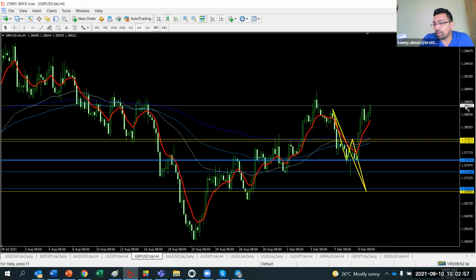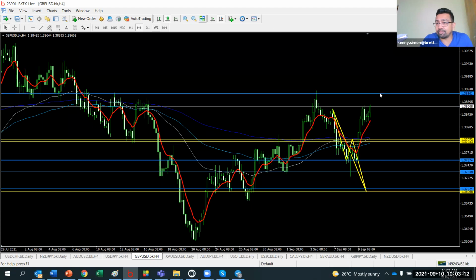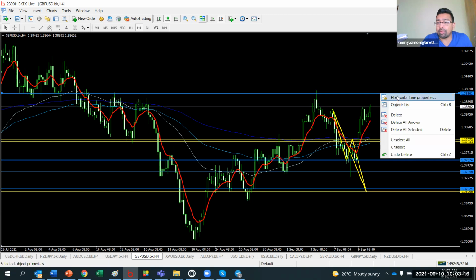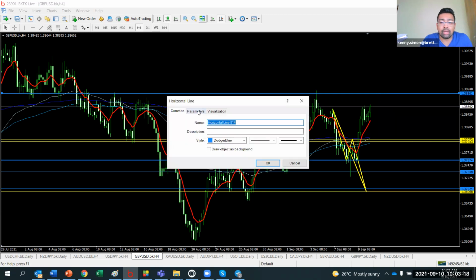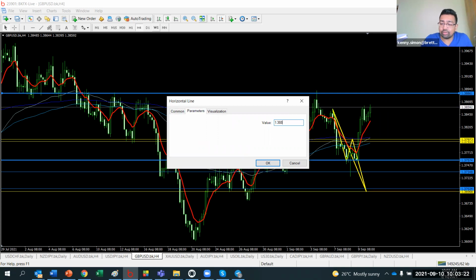In terms of price itself, it could probably go up to the 1.3880 psychological level, but best is to exit before that area comes. So I'm just going to mark this area as a significant psychological level based on the price. That's at 3880.